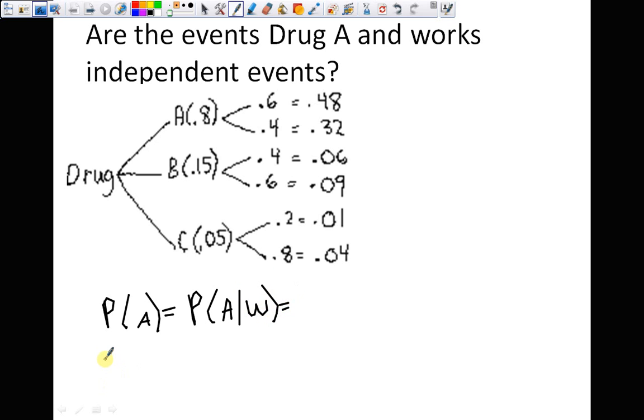Or you could do it the other way. The probability of it working would have to be the same thing as the probability of it working given that it came from drug A. Okay, so I'll put both of these down. You can check either one. They really both have to be equal to be independent.